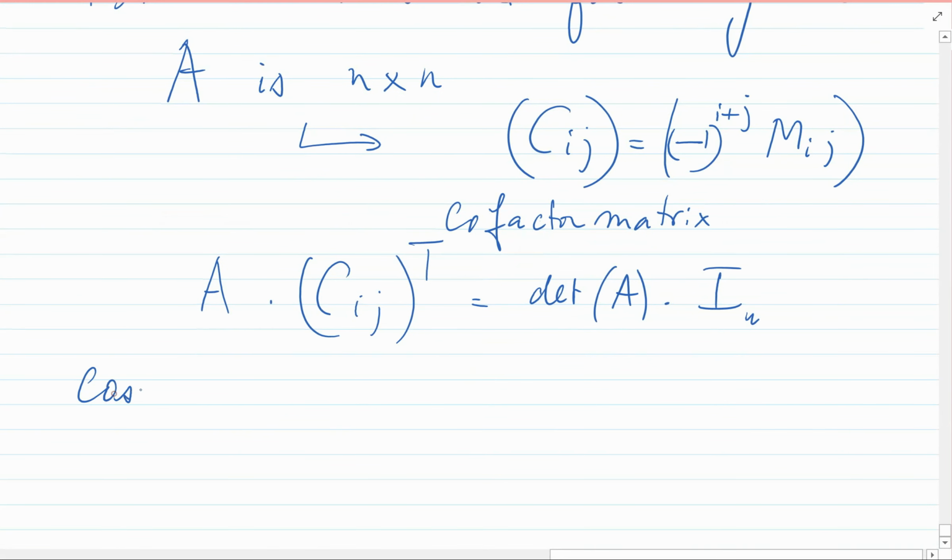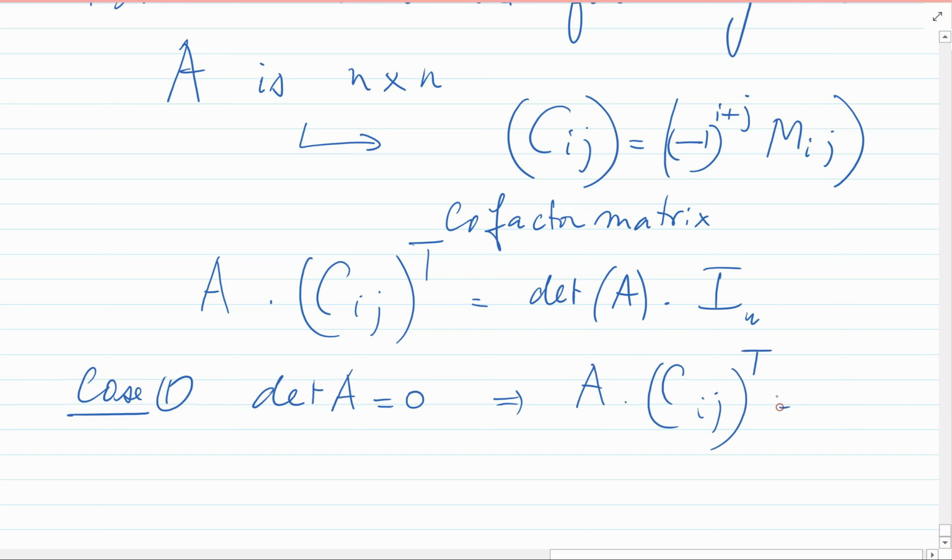Case one, the determinant of A is 0. If that's the case, then A times Cij transpose is going to be the 0 matrix, and therefore A is a divisor of 0. A cannot be invertible. Good. So A is not invertible.